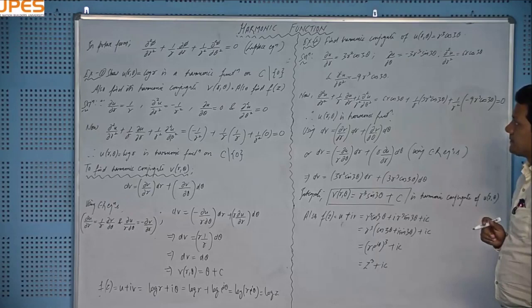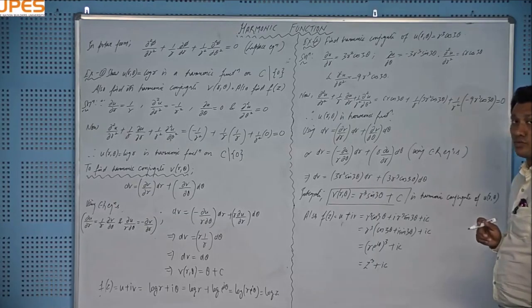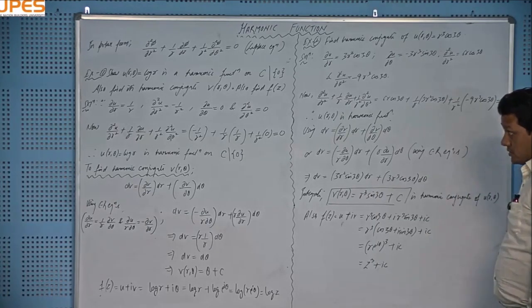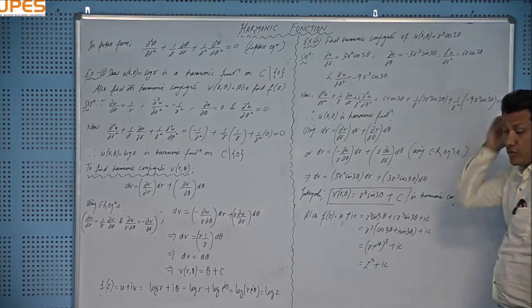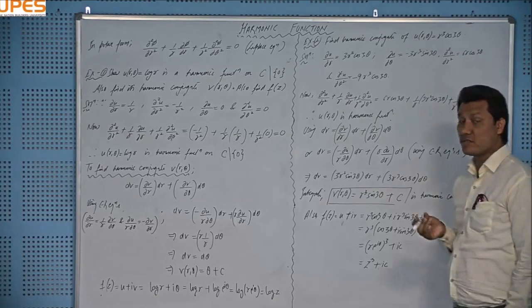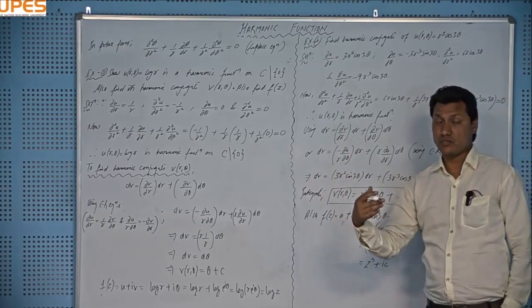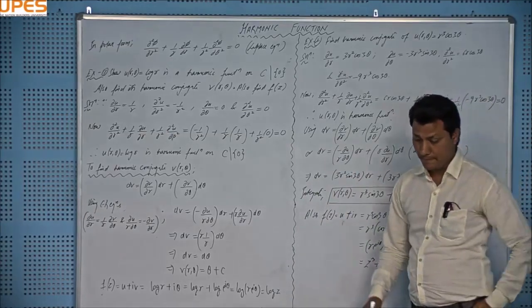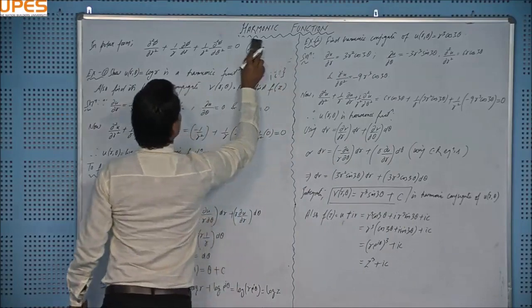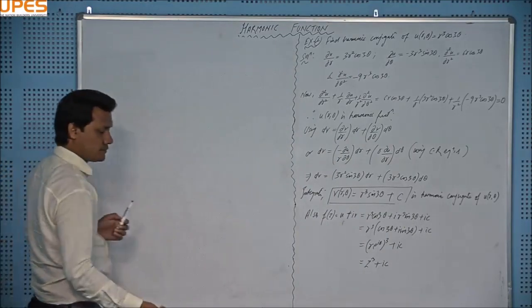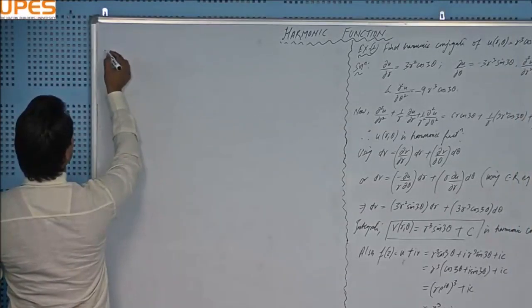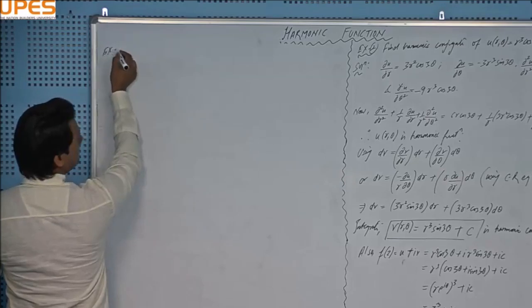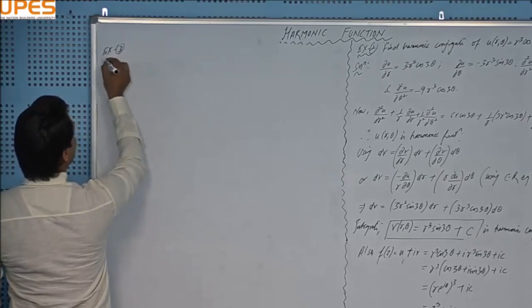Okay, so I will try to prove the conjugacy of u and v. Means we say that v is harmonic conjugate of u, then what is the harmonic conjugate of v, right? Example number 3.